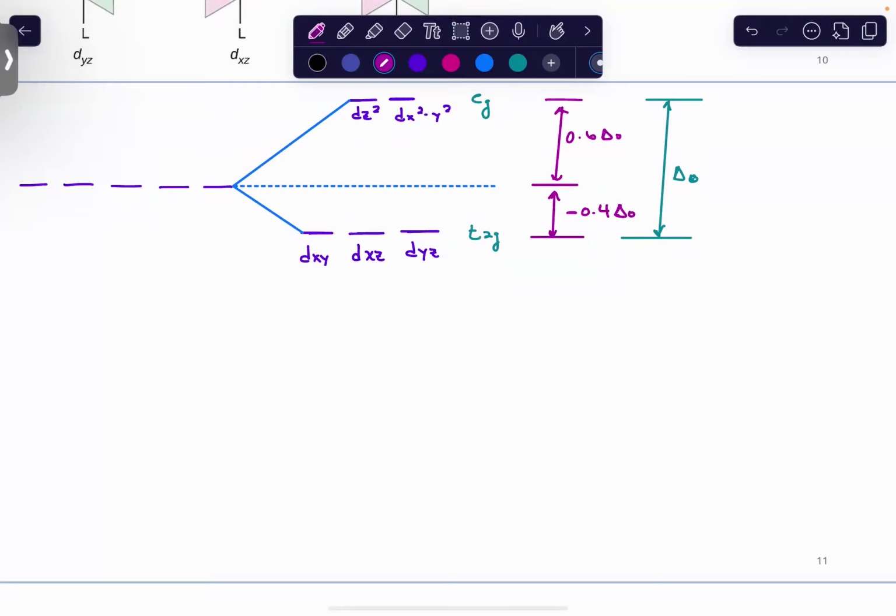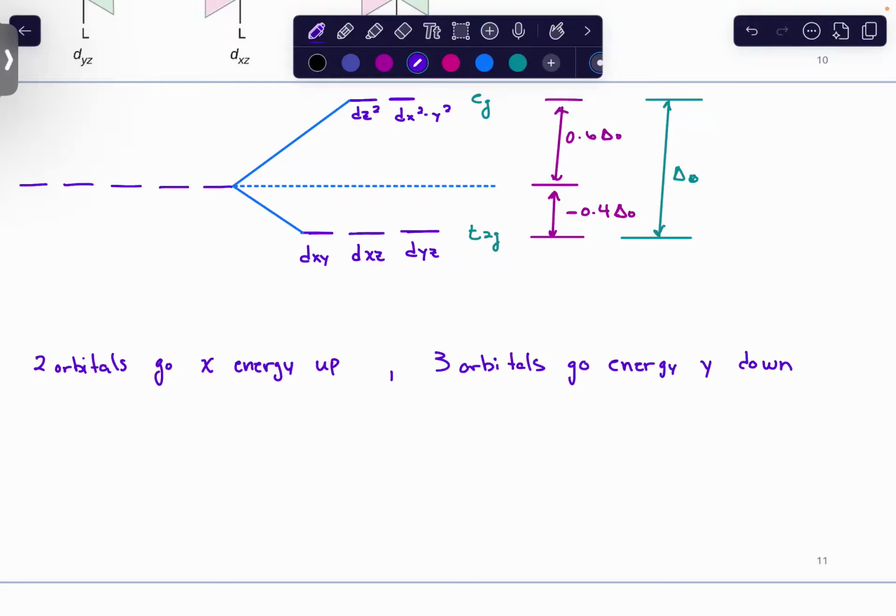So we can say that two orbitals go some energy x up, and three orbitals go some energy y down.